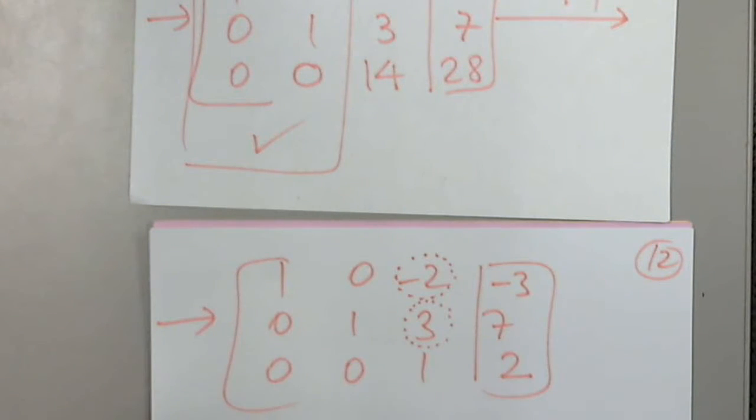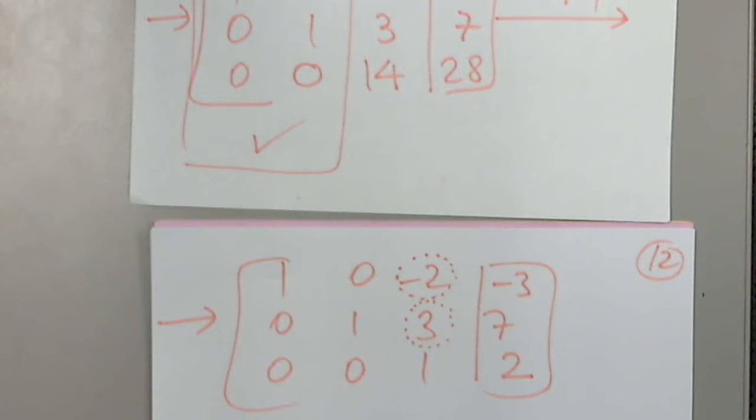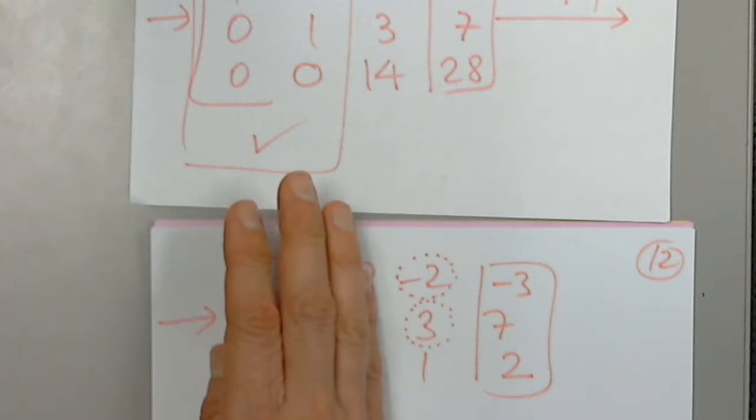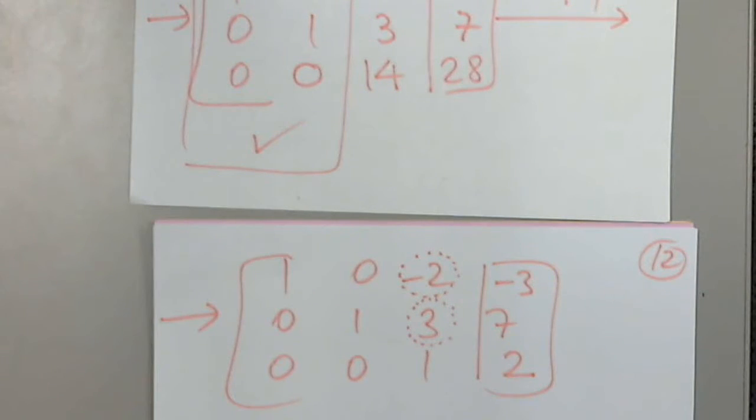If I do something I'm not supposed to, and I change this, then I know something is wrong. I can't go back, right? Once I have these in the correct order, if I change this or something goes on weirdly here, something is terribly wrong. I'm not on the right track. I'm not doing the right thing.